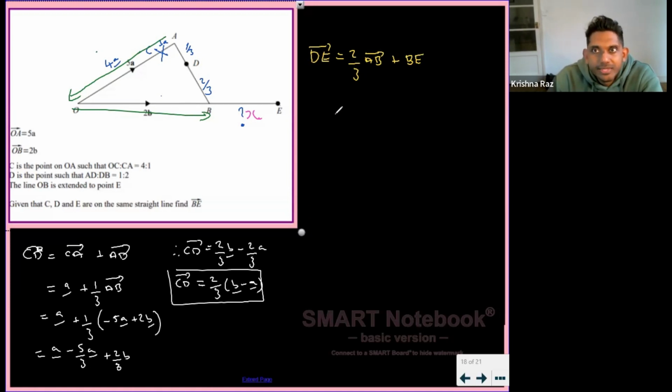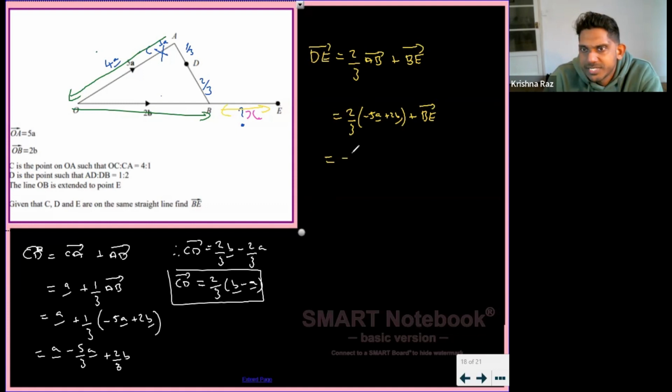So that is 2/3 of minus 5A plus 2B plus X amount of A and B, yeah? Because we don't know what that is, so let's just call it plus BE. So we have minus 10 over 3A plus 4 over 3B.